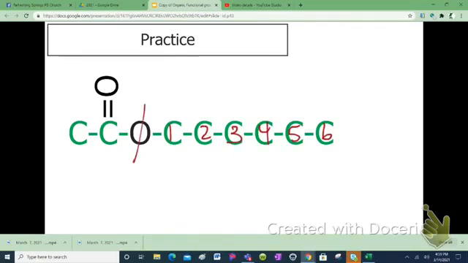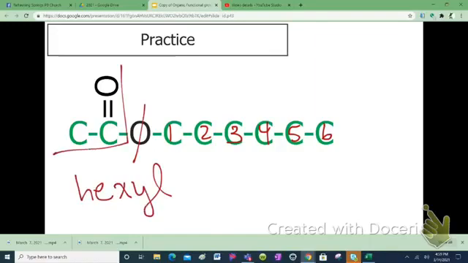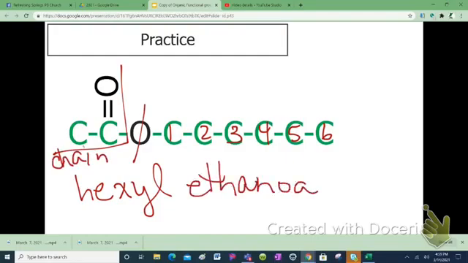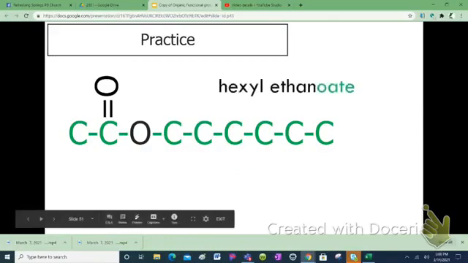That's a 6-carbon charm, which is hexyl. And then here is your chain. This is ethanoate, because there's only one E removed. Okay, let's see if we got that right. Hexyl ethanoate. If you got this right, you're doing great.